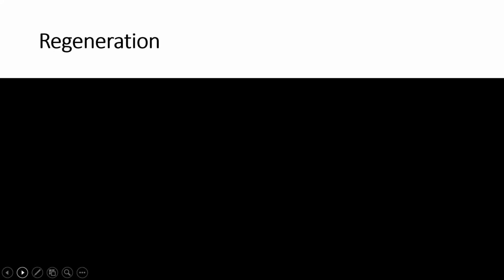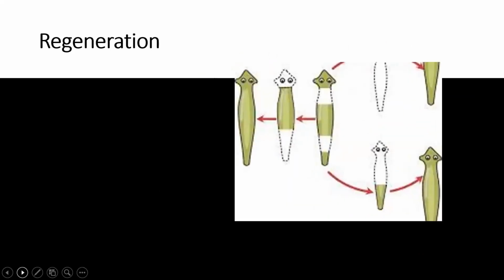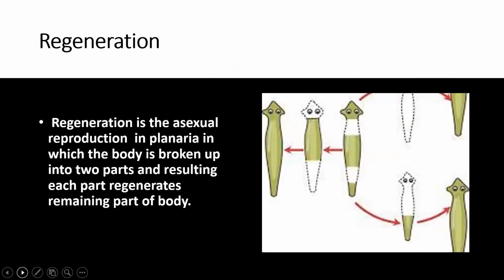Next is regeneration. What is regeneration? Regeneration is the asexual reproduction in organisms like planaria, in which the body is broken into two parts and the resulting parts regenerate the remaining part.